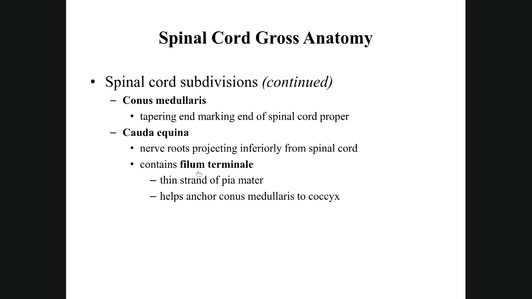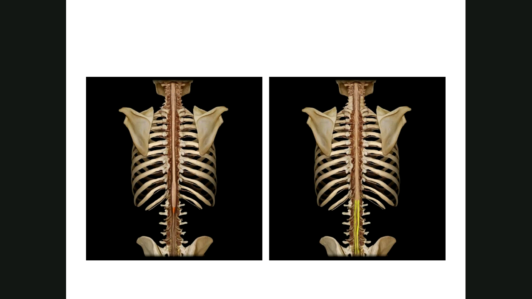And this is really a ligament. And this is that ligament along with what we're going to call the coccygeal ligament. And you can add that to filum terminale plus coccygeal ligament. We'll see that in lab. These are what hold the spinal cord to the coccyx at the very bottom. So this is what I was talking about, holding that window shade from rolling up.